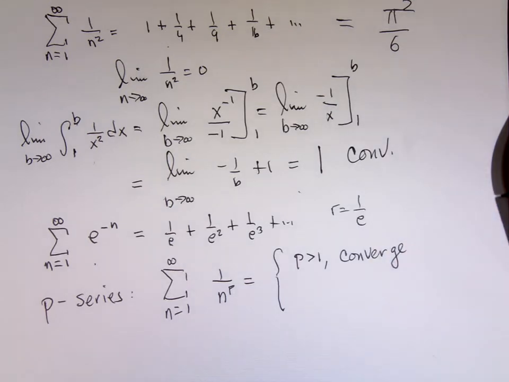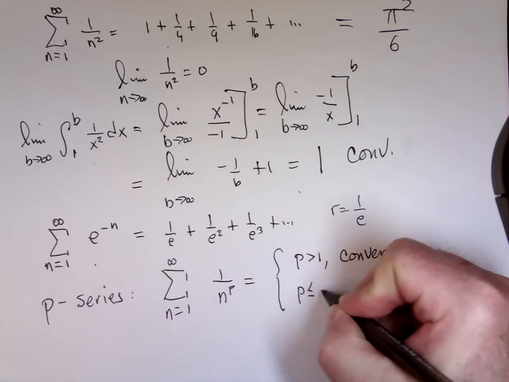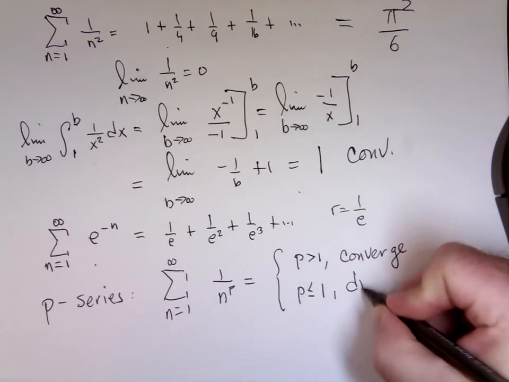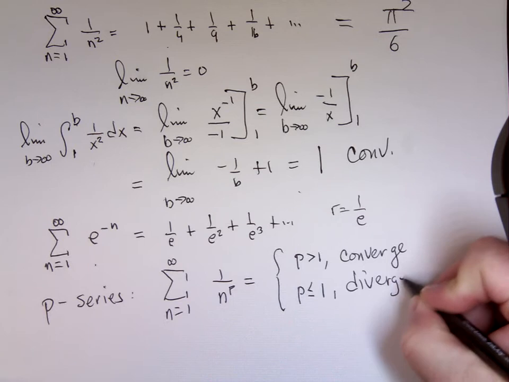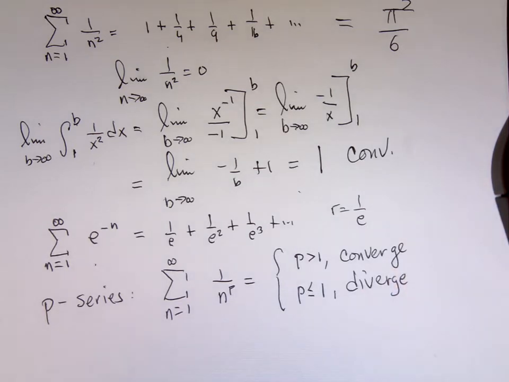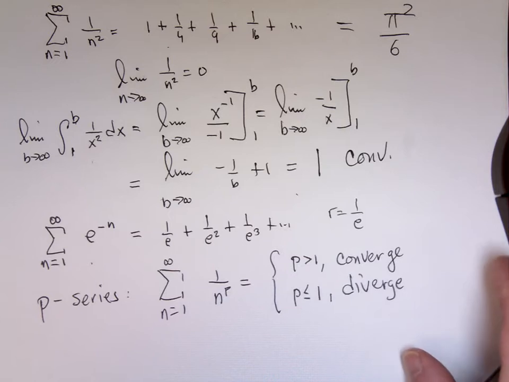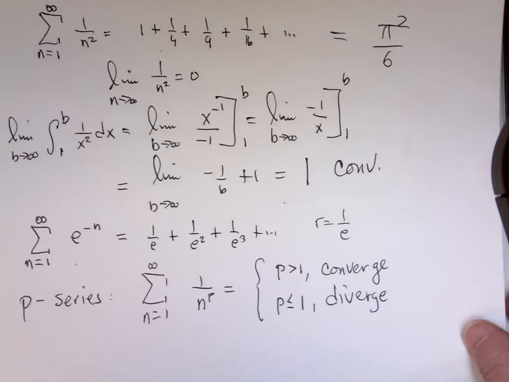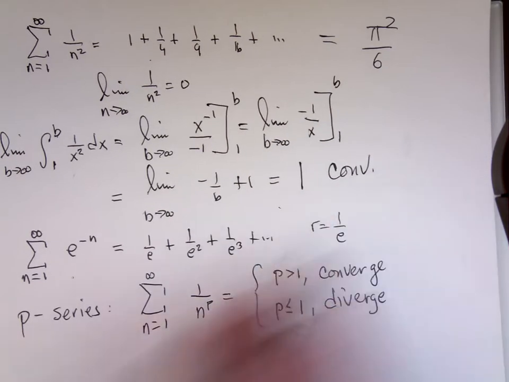If P is less than or equal to 1, that series will diverge. And again, we can prove it with an integral test. So, let's take a look at a couple of these P series. These are very important series, they're very common, and they're what we're going to use to compare other series to.